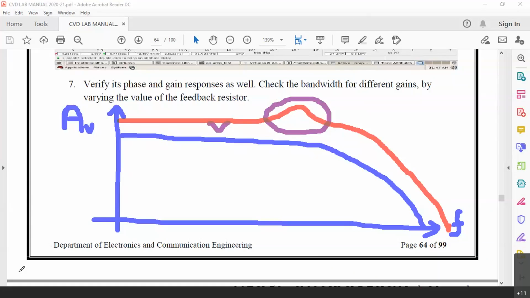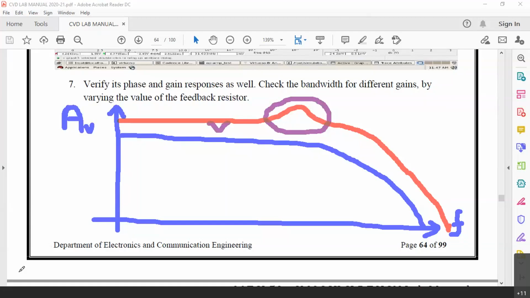Normally at the low frequencies we ignore, but at the high frequencies we cannot ignore. So how to model that particular capacitor at the input as well as the output? That is when Miller did a great contribution by modeling that particular feedback capacitor in terms of input capacitance and output capacitance. Now that capacitance was by default present there between base and collector.